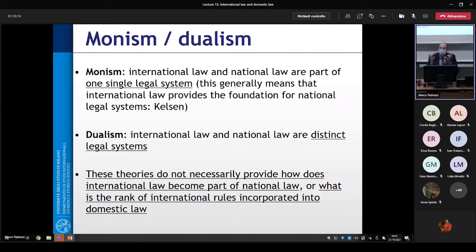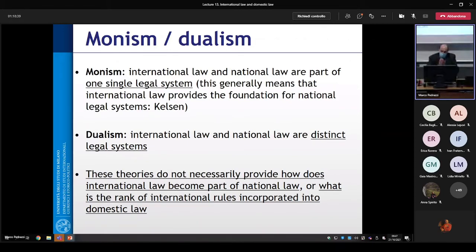However, this is theory, because even the author of your textbook recognizes that, apart from the fact that probably no legal system is perfectly monist and no legal system is perfectly dualist, but there are some mixed forms of monism and dualism.